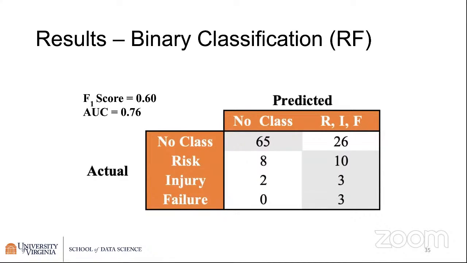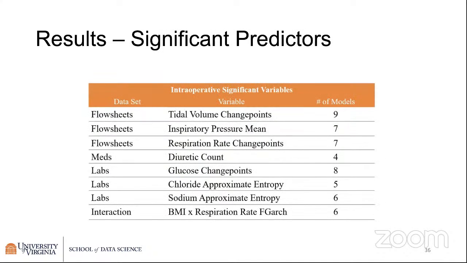The same thing can be done with a binary classification predicting injury and failure. We're seeing this, again, improved performance, again, not perfect performance, but improved performance with these results.